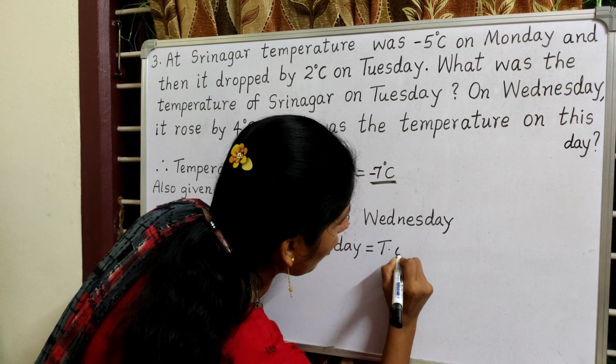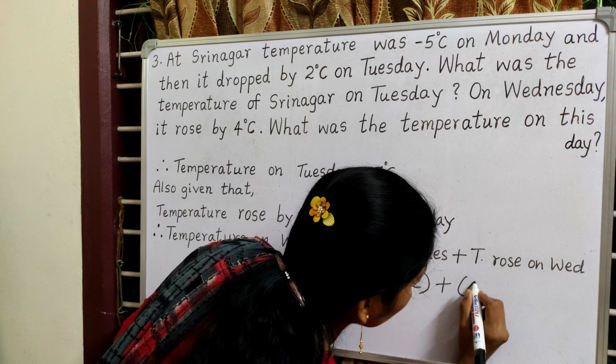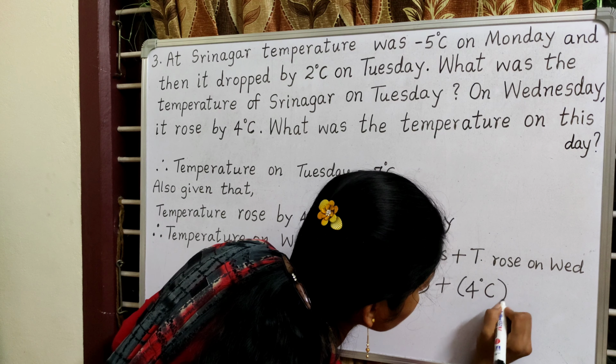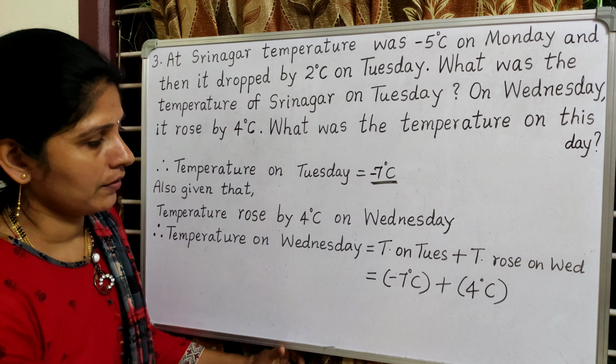Temperature on Tuesday minus 7 degrees Celsius is equal to minus 7 degrees Celsius plus temperature rose on Wednesday 4 degrees Celsius, plus 4 degrees Celsius. Now we have to add these numbers. Observe the numbers. The first number is negative number and the second number is positive number.